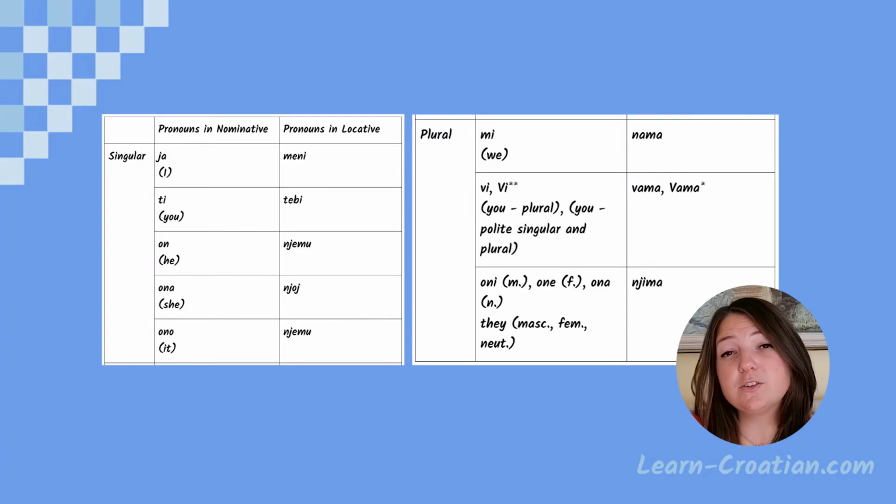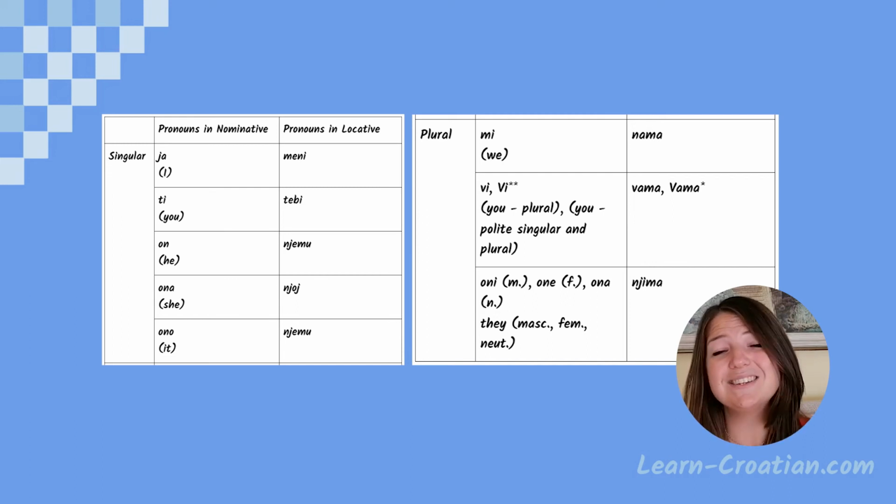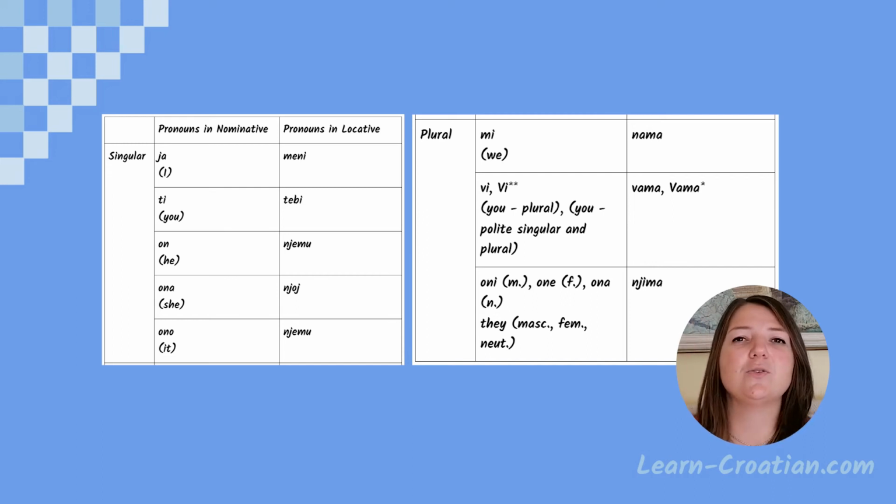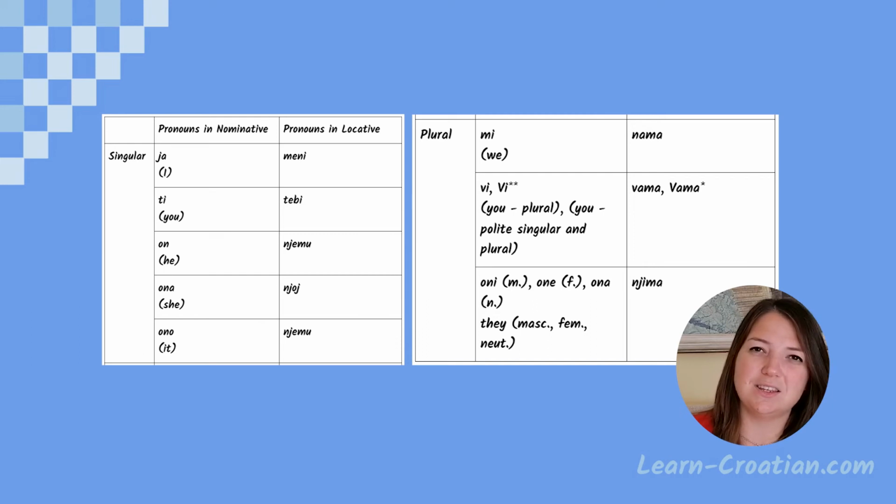The locative pronouns, again, are the same as the dative pronouns. The pronouns are irregular, so unfortunately you just have to memorize them. There is no ending that you can just add to them because they are irregular. So here is the list of the personal pronouns in the nominative and the locative case, in the plural and the singular.